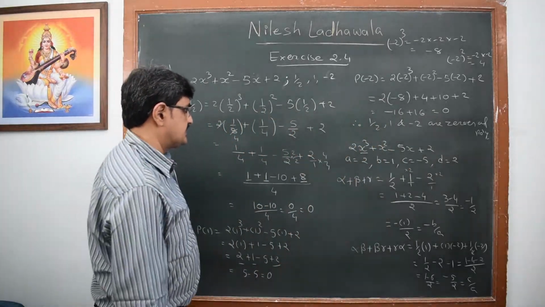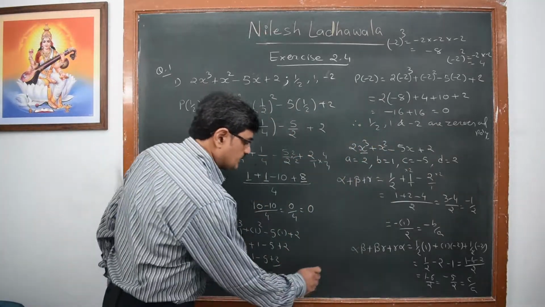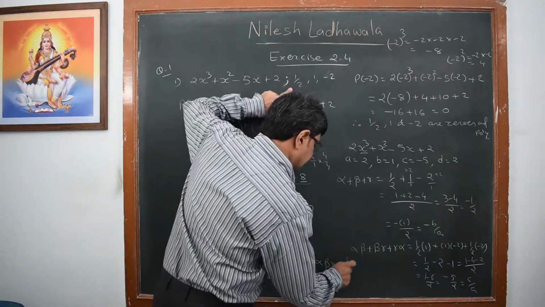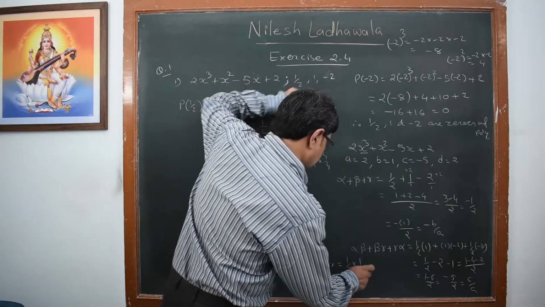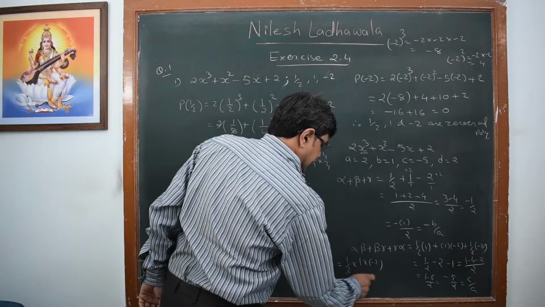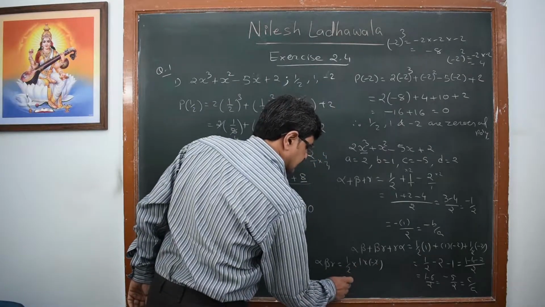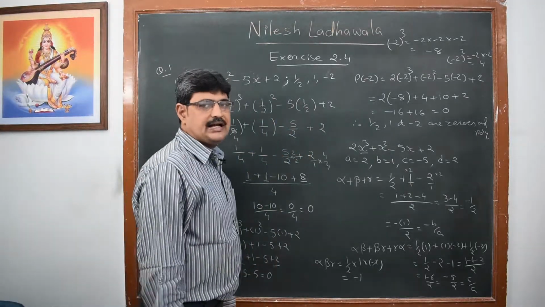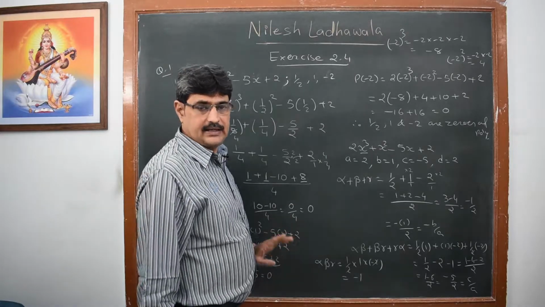Now the third and last, that is alpha into beta into gamma. In place of alpha I will write 1 upon 2, beta 1, gamma minus 2. So the 2s will be cancelled, hence it is minus 1. I have to check whether alpha beta gamma is equal to minus D by A or not.